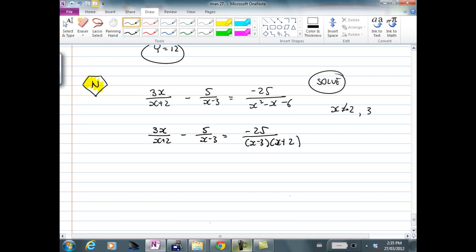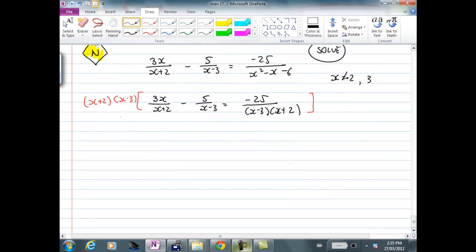Now, I'm going to multiply my whole entire equation by my LCD, which is just x plus 2 and x minus 3. If I did this correctly, I should not have a fraction anymore by the time I'm done. If you made an error, you're going to get a fraction in the end.